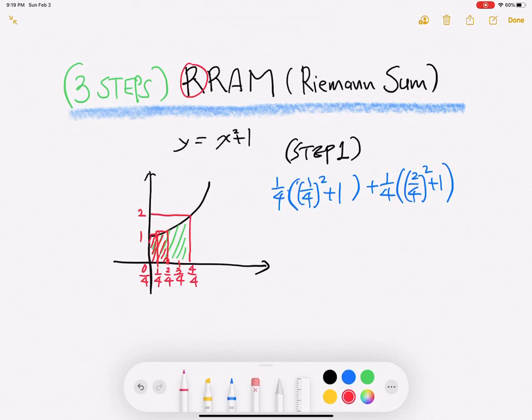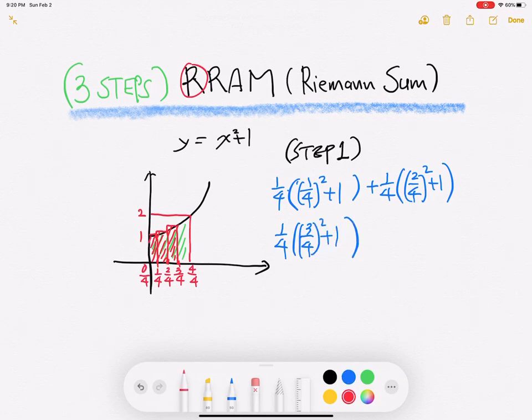What about the third one? The third rectangle is this. Draw the rectangle at x equals 3/4, because 3/4 is the right endpoint of that interval. What is the area? It is 1/4 times the height, the y value when x equals 3/4. Plug in 3/4 for x: 3/4 squared plus 1.